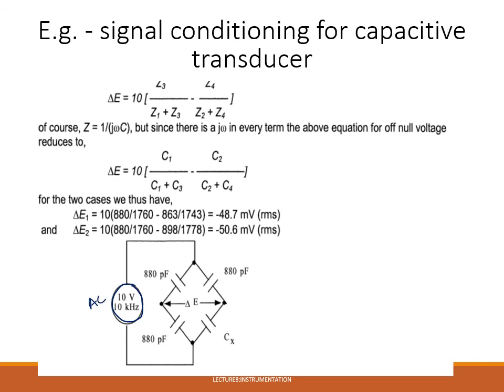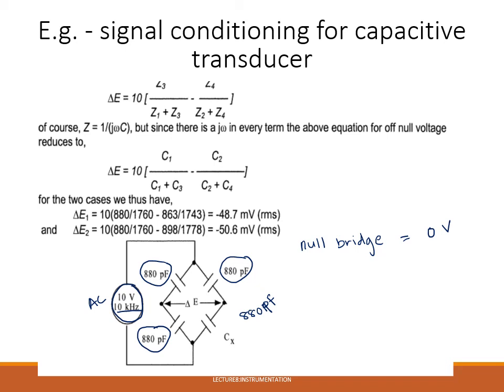The maximum amplitude is 10 volts and the frequency is 10 kilohertz. Initially we have all the capacitances at 880 picofarad. We call this condition a null bridge, which will provide us 0 volt.